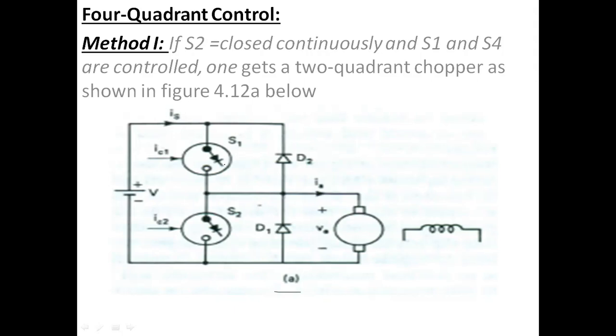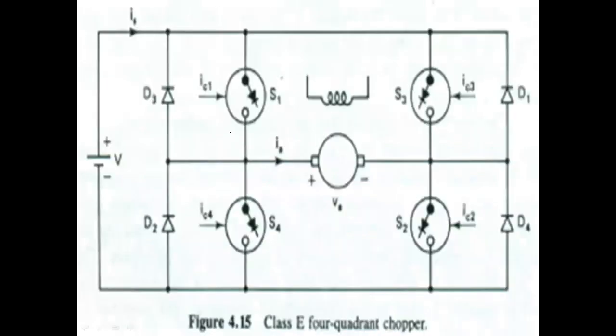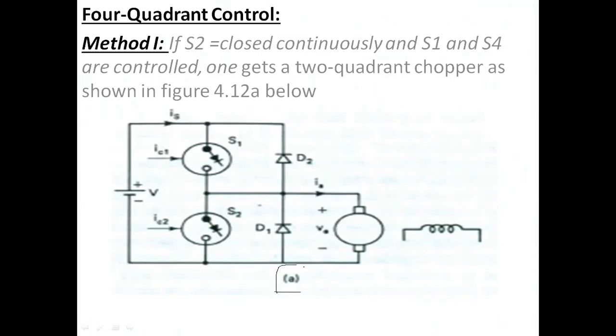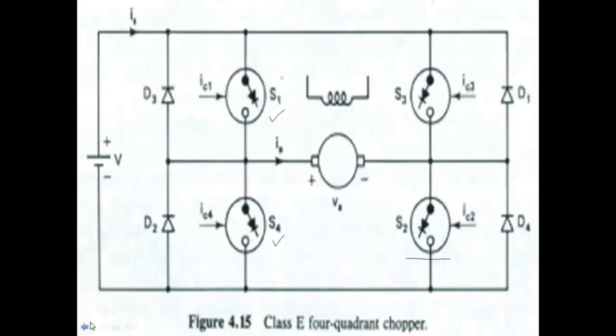If S2 is kept closed continuously and S1 and S4 are controlled, you get the 2-quadrant chopper as I showed you in the figure.